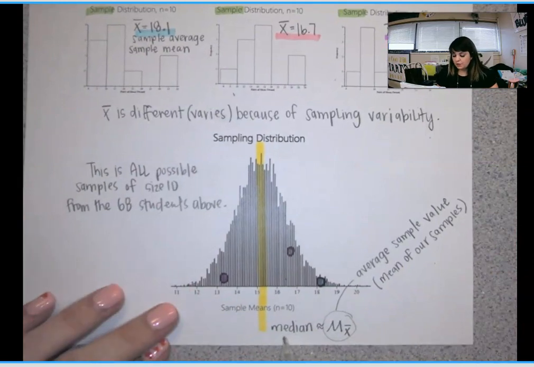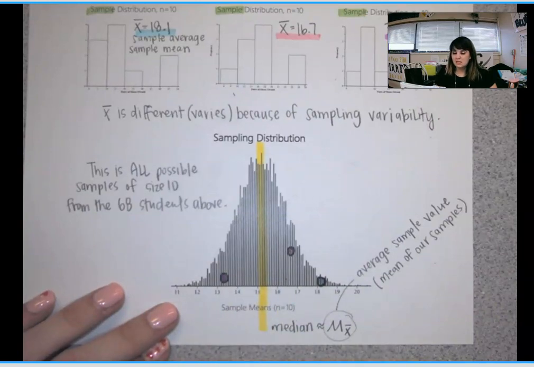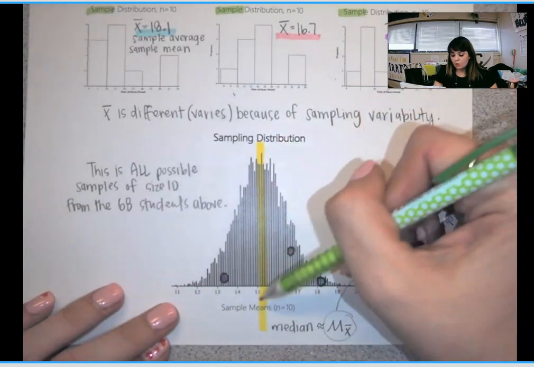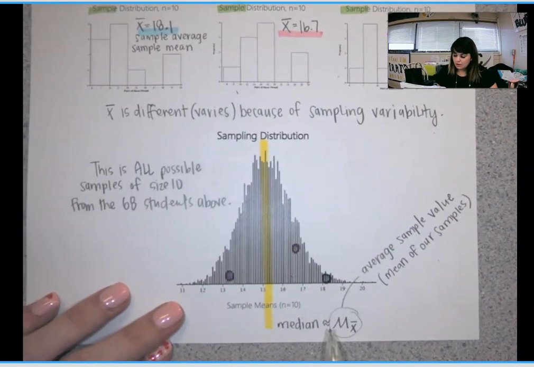Well, why are we using median to estimate this? Otherwise we would have to add up thousands of numbers and then divide by however many samples we were able to take. That's just not realistic. So it's easier to say, okay, where's the center of this distribution? Because I know that median will be about the same as the mean.